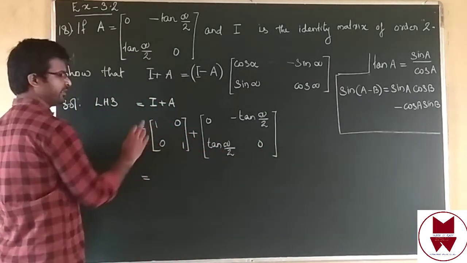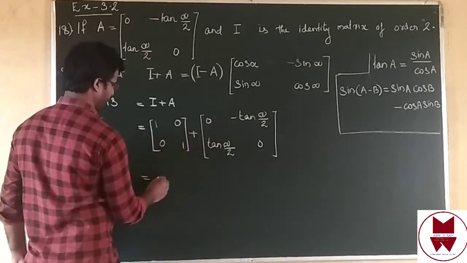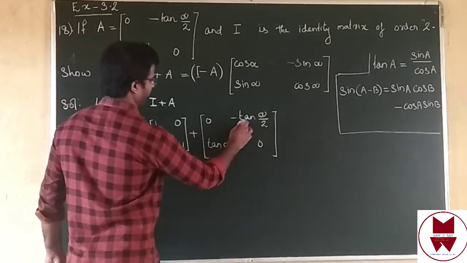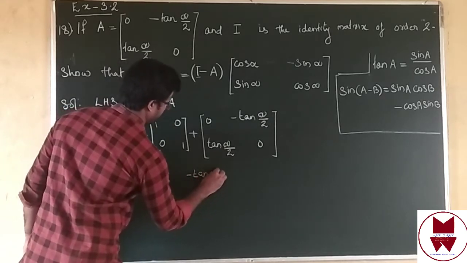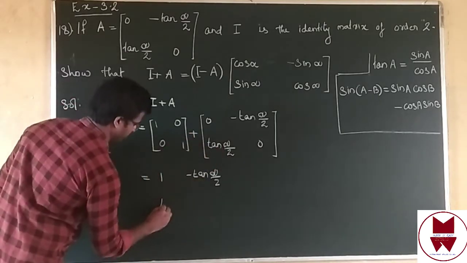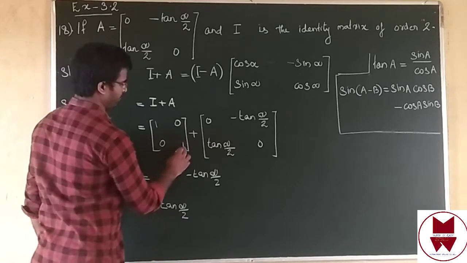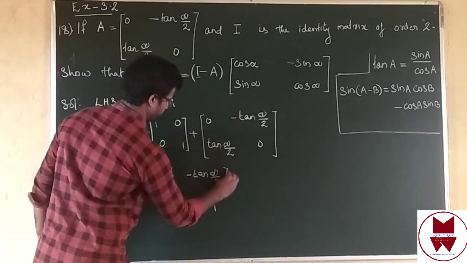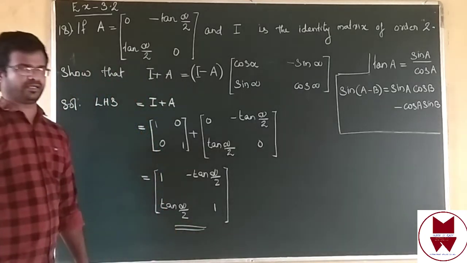Now we can just add corresponding elements: 1 plus 0 is 1, 0 plus minus tan alpha by 2 is minus tan alpha by 2, then 0 plus tan alpha by 2 is tan alpha by 2, then 1 plus 0 is 1. This is our LHS answer.